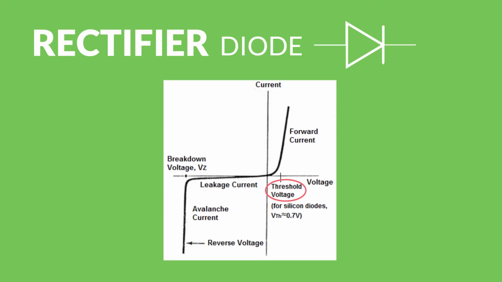If you look at the condition under reverse bias, there is a small amount of current called leakage current, present until the applied voltage hits the breakdown voltage and conducts a very large current. This very large current can damage the diode itself.